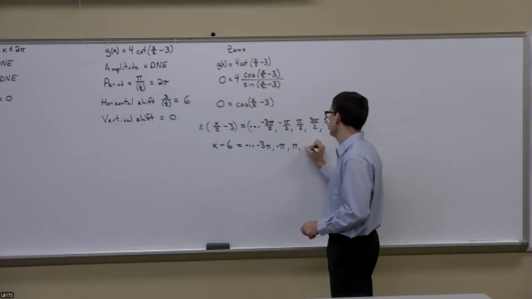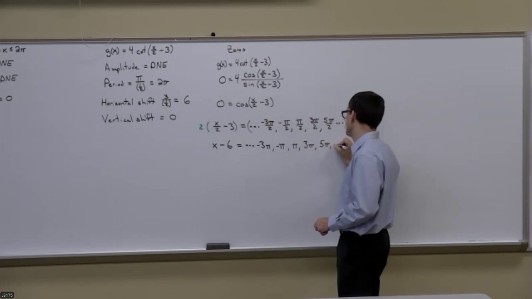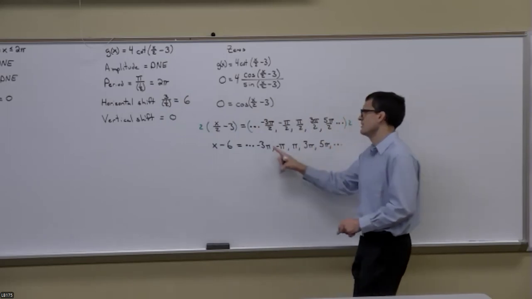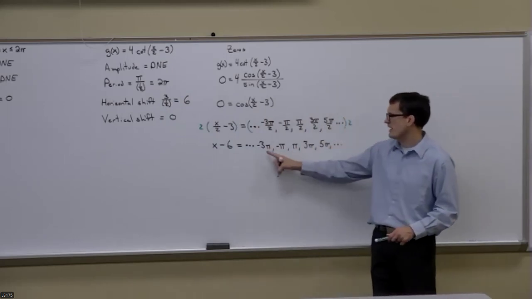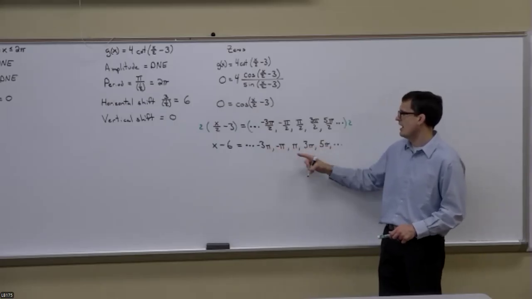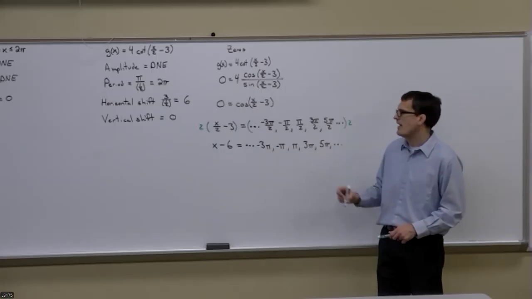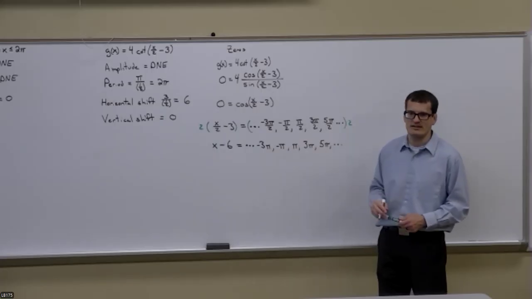If I multiply both sides by 2, all of my solutions on the right-hand side turn into negative 3 pi, negative 1 pi, pi, 3 pi, 5 pi, odd integer times pi. And then I'd add 6 to everything.